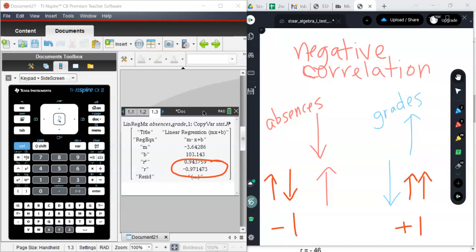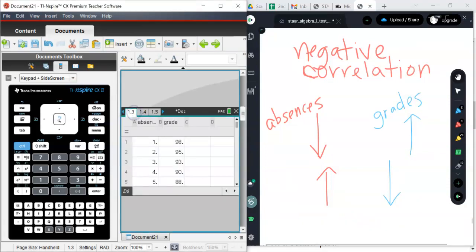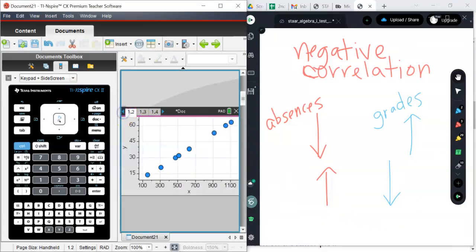The further you get from either of these, as you approach 0 from either side, your correlation is going to get weaker and weaker. 0.9 and -0.9 are high correlations. They're strong.